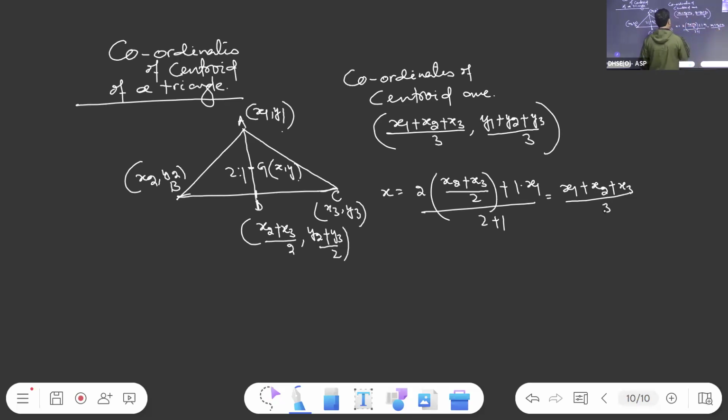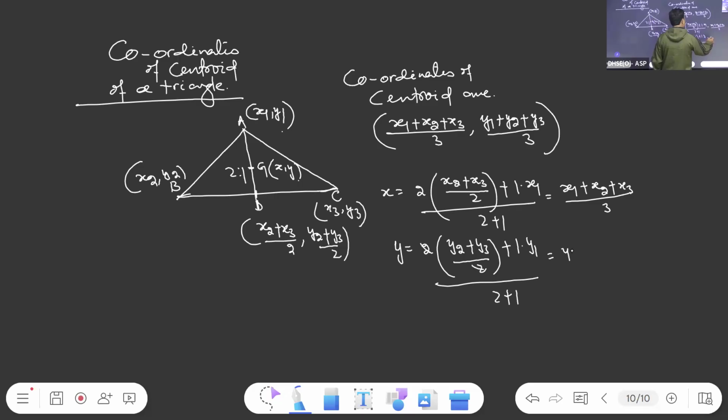Similarly, the y coordinate of the centroid will be 2 into (y2 plus y3) upon 2 plus 1 into y1, divided by 2 plus 1. This is equal to (y1 plus y2 plus y3) upon 3. Okay.